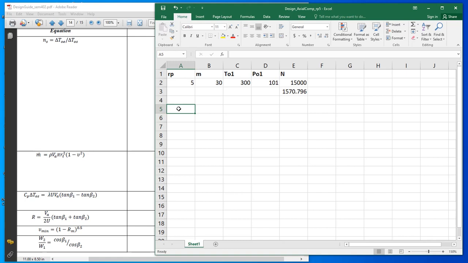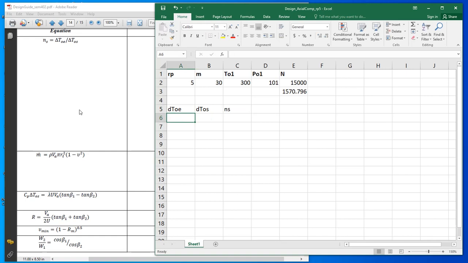So we will need to calculate delta T0E first, and then delta T0S, and once that is done, the number of stages can easily be calculated.